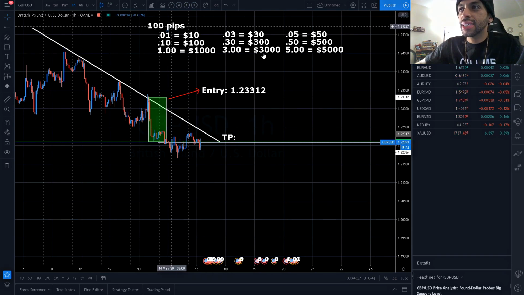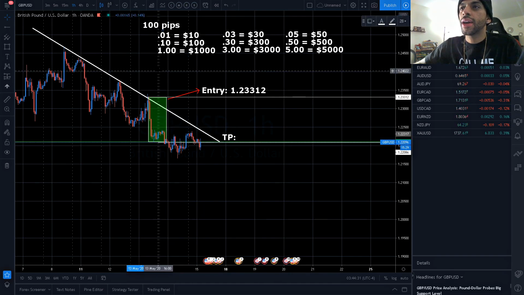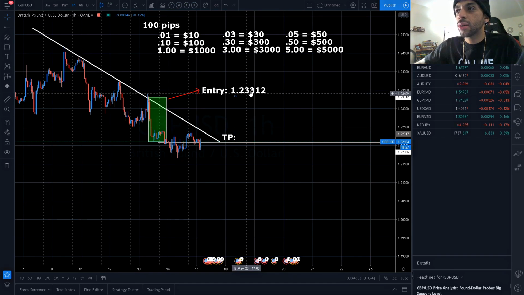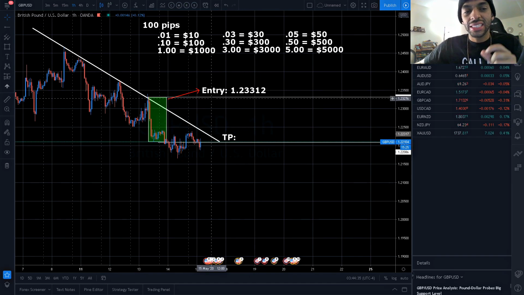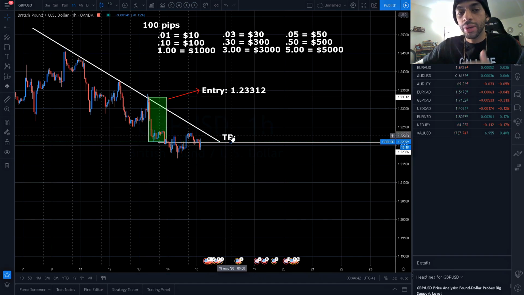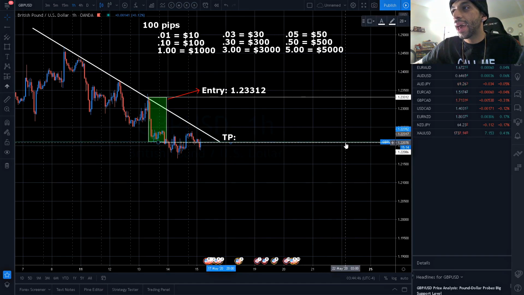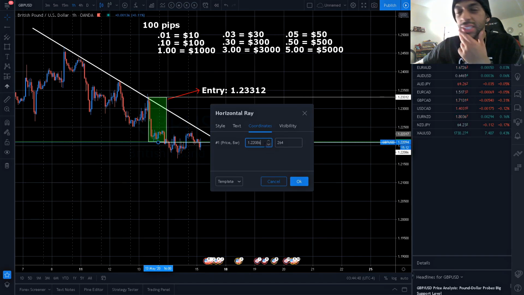If I'm looking to gain 100 pips from this trade, very simply, I'll look at my entry, and being that this is a sell, we want the market to go down. So to get my 100 pip take profit, I'm going to have to find a price and subtract 100 pips.